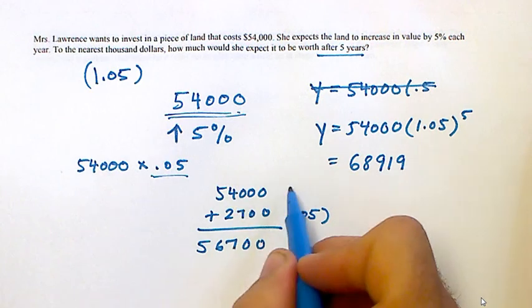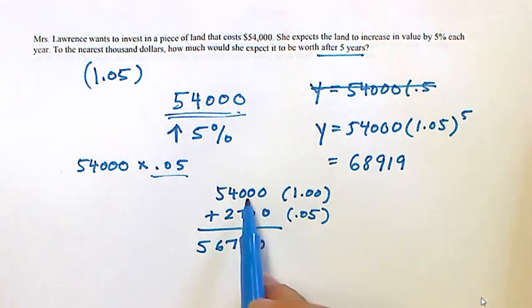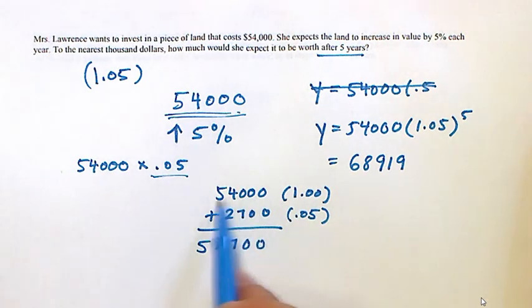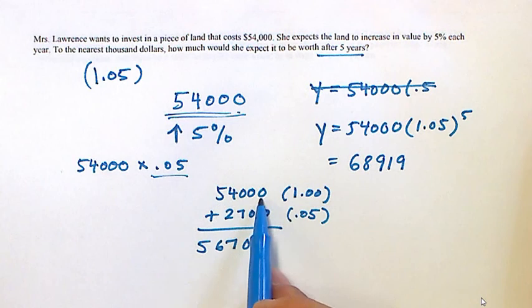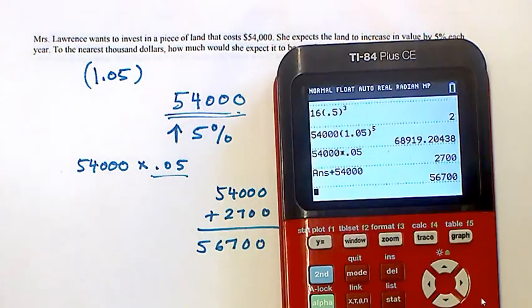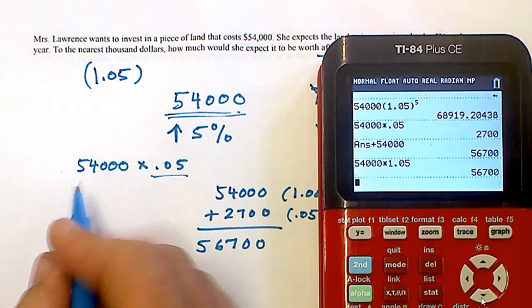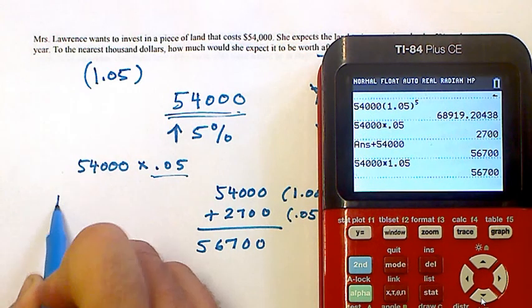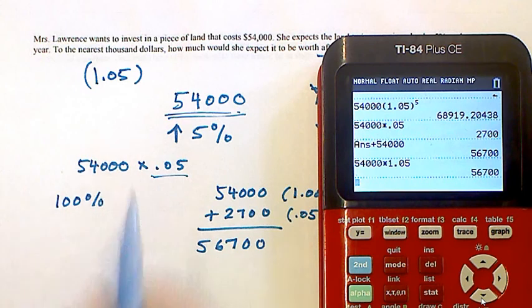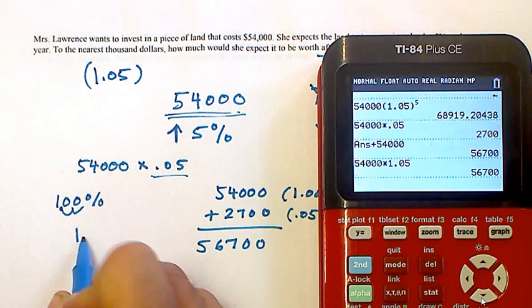Now, this only represents 0.05 of the 54,000. This here represents the 100% of it. So if I'm adding to the 54,000, my original amount, the 5%, why not just include the 100% that I had? If I took 100% and made that a decimal, I would move 2 decimal places, and that'd be 1.0.